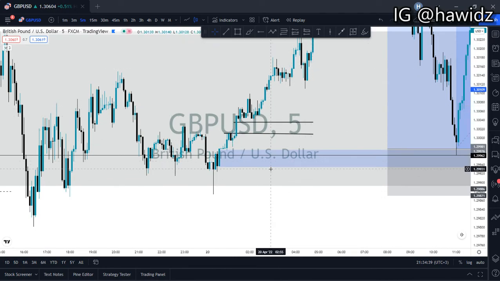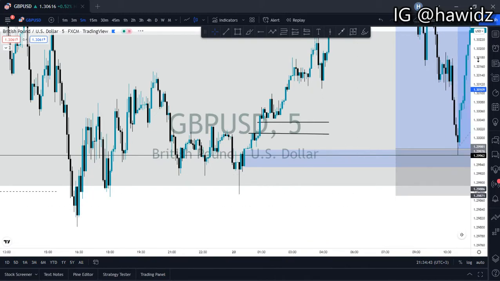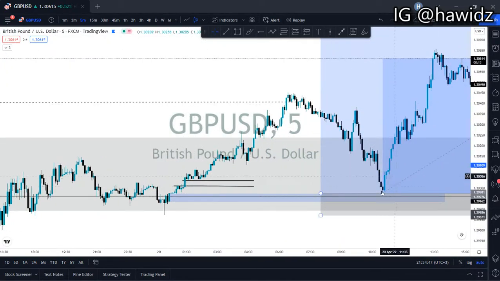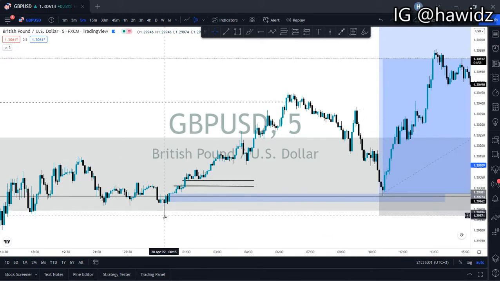So this was the area that I was looking to sell from. And just look at what price does, man. Price comes, leaves a very, very beautiful test to trigger me in, and boom. So this was where I took my trade from. That was my stop loss, right there below this wick here.